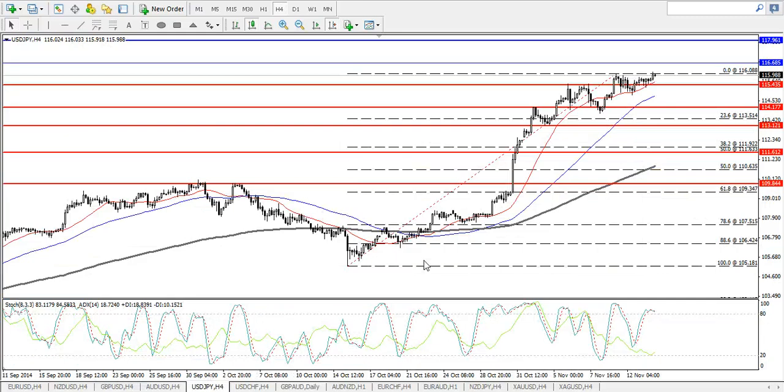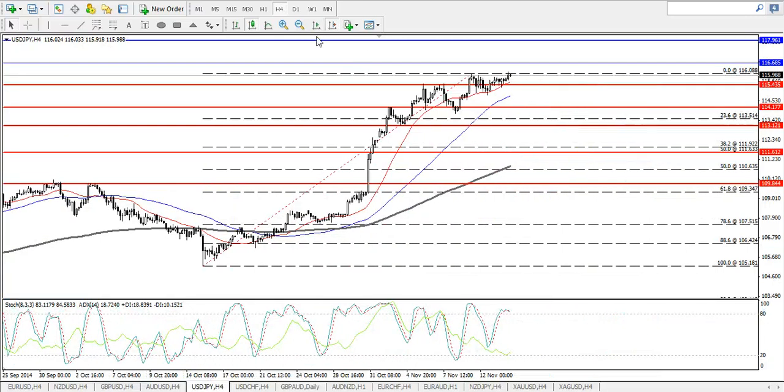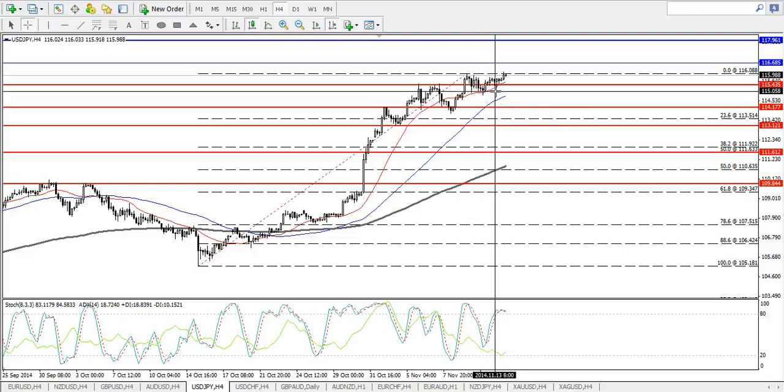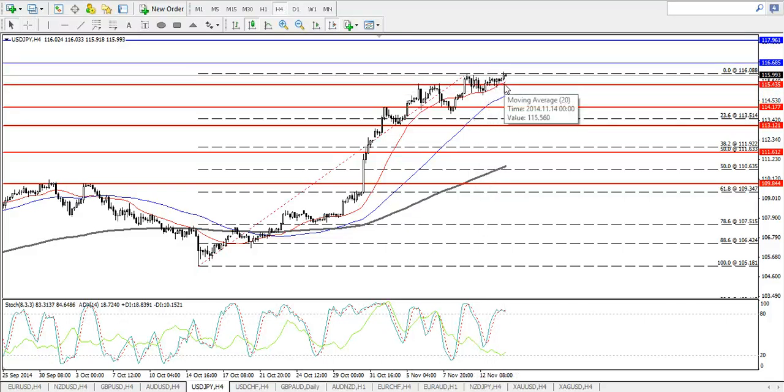Next, finally we have the dollar against the Japanese yen. This is a 4-hourly chart again, and we are seeing the price has been supported persistently by the 20 moving average, and it has slightly broken a little bit higher, and we do expect price to appreciate even further, especially as the yen is currently weakening a little because there was speculation that Abe is delaying the sales tax hike.